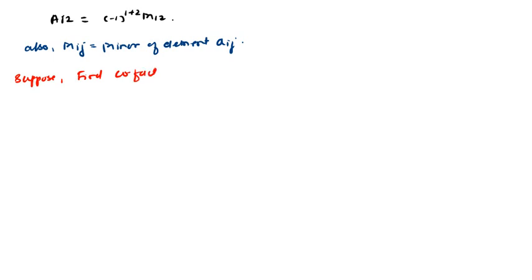Also, this Mij is nothing but the minor of the element aij. Now, for example, suppose I want to find the cofactor matrix of the matrix A equal to a11, a12, a21, a22.